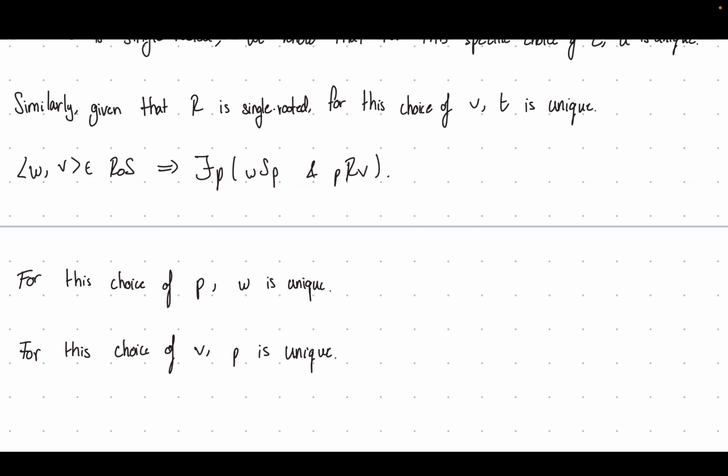Now, we have that for V, P is unique, and for V, T is unique, right?